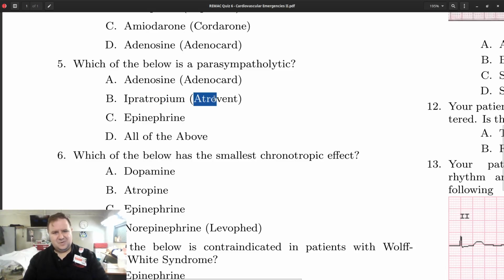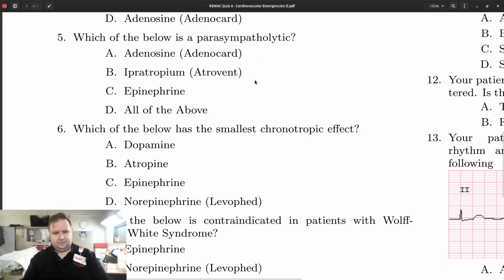Also Atrovent, right? Ipratropium is very closely related to atropine. They're both parasympatholytics, so they're going to dry secretions. Adenosine is not a parasympatholytic, it does not affect the parasympathetic nervous system. Epinephrine is a sympathomimetic, not a parasympatholytic. So of these, ipratropium is the correct answer.